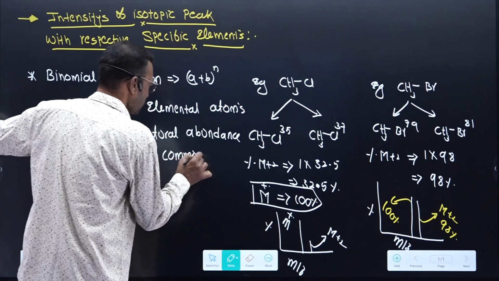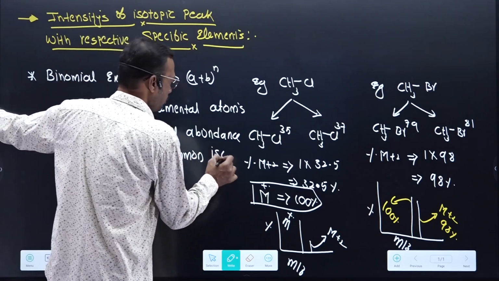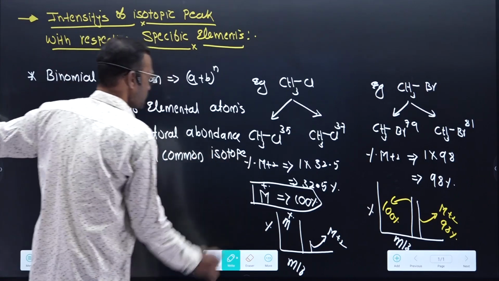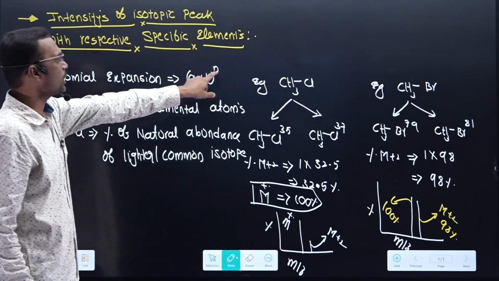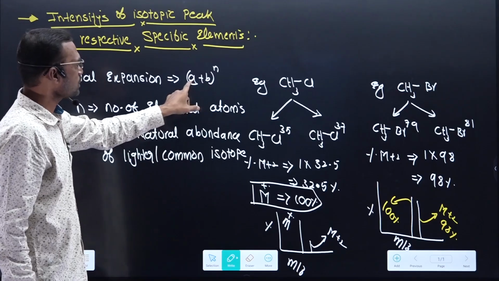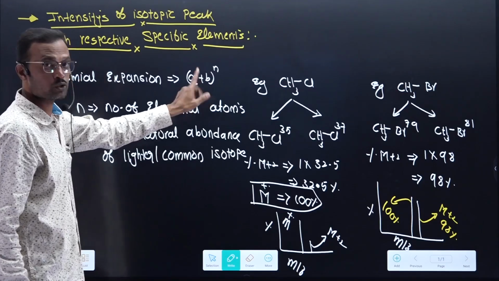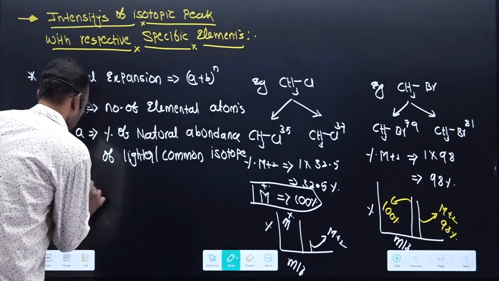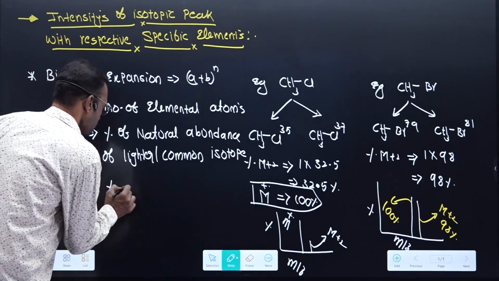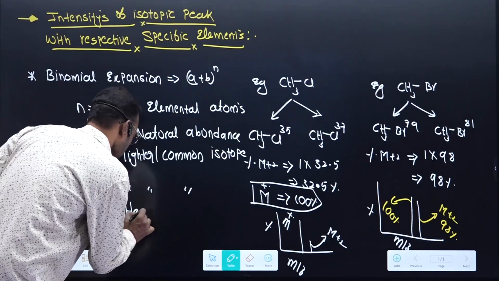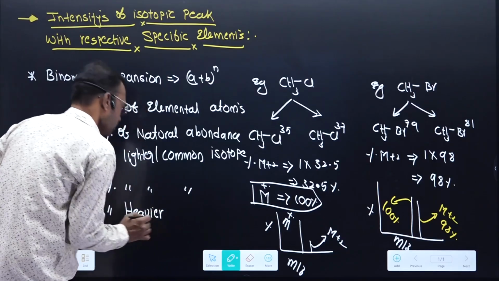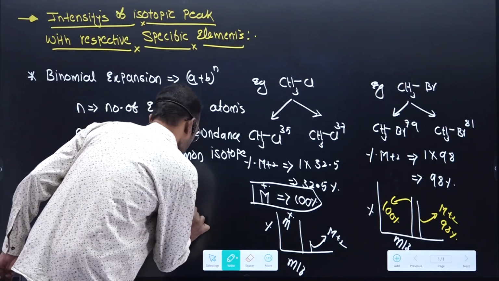You need to remember this formula. Lighter isotope, the common isotope, is the one having more abundance. N is equal to the number of elemental atoms. How many elemental atoms are present? A is the percentage of natural abundance of the lighter isotope. Now what about B? It is almost all the same: the percentage of natural abundance of the heavier isotope.